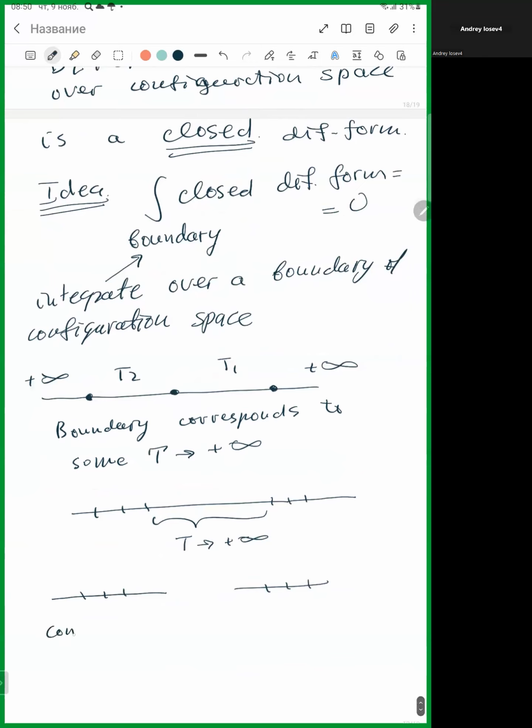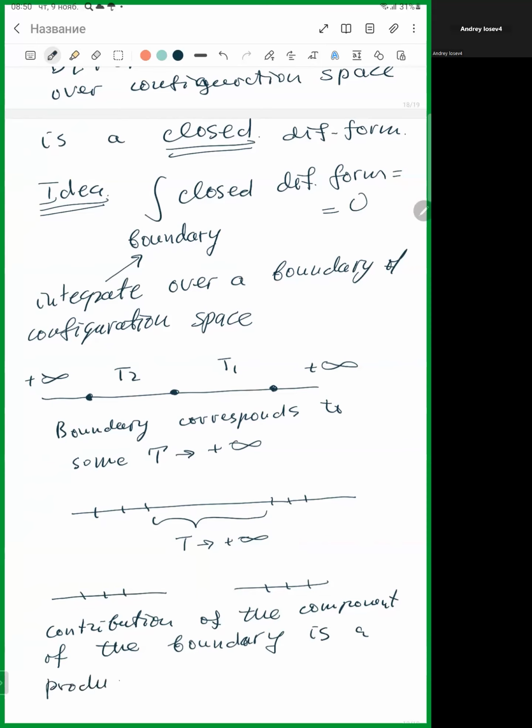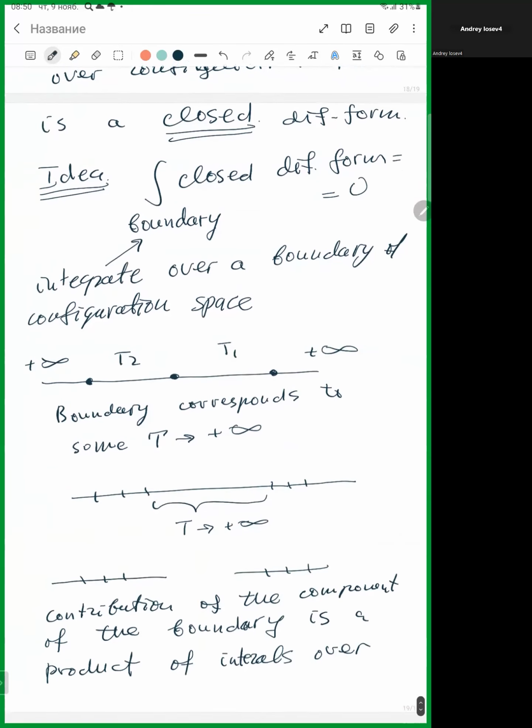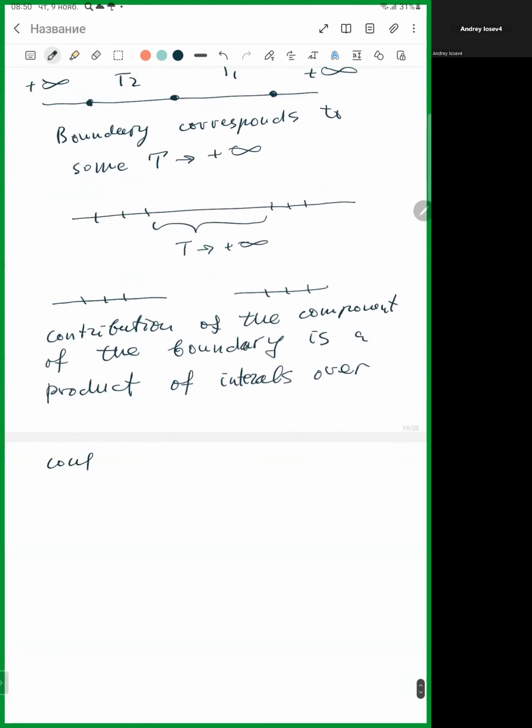And the contribution of the component of the boundary is a product of integrals over configuration spaces with smaller number of points.